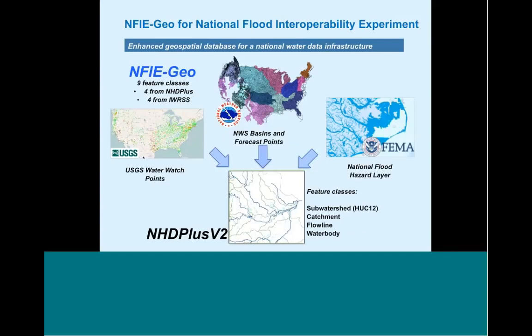So what is NIFI-GEO? At its heart, it is built on 9 feature classes from the NHD Plus version 2. These are the sub-watersheds, the HUC-12, the catchments, the 2.67 million catchments that Al spoke to, the flow lines, and the water body classifications. There had been an attempt to include the dams within this framework, but due to complexities and sensitivities with other partner agencies, we've decided to eliminate that from this process.